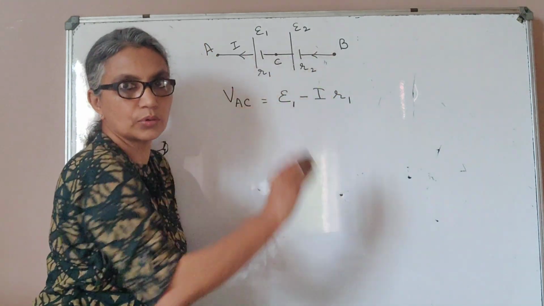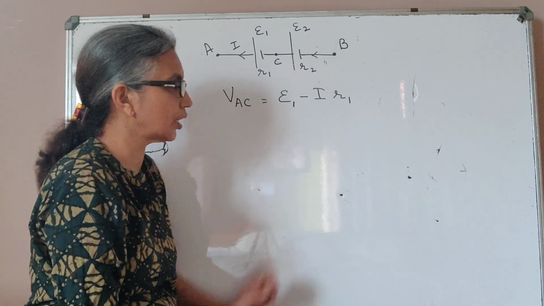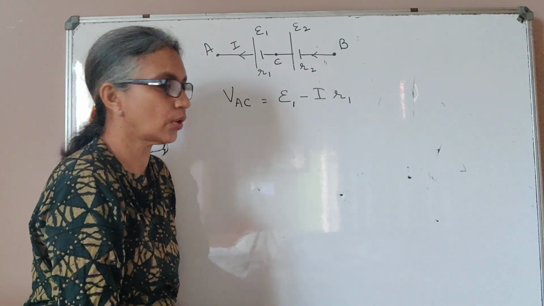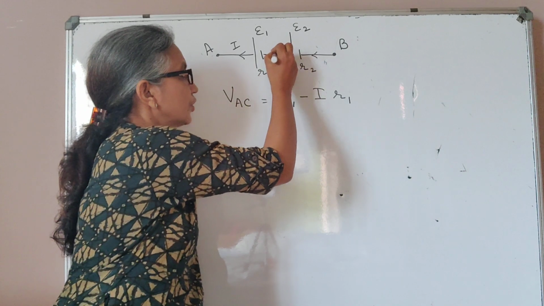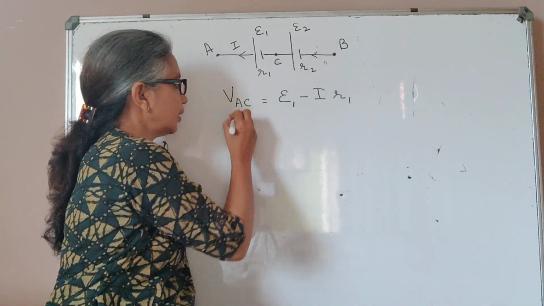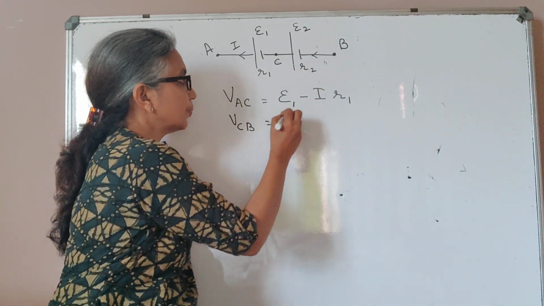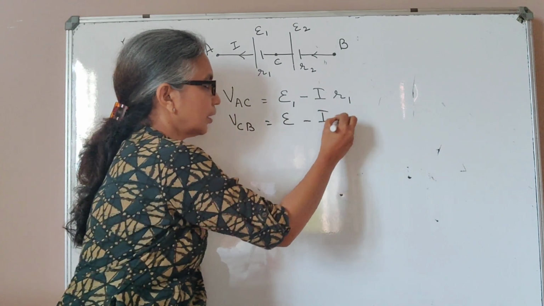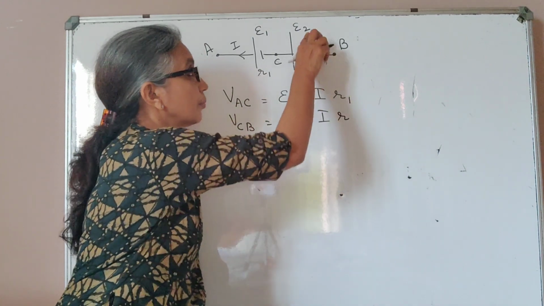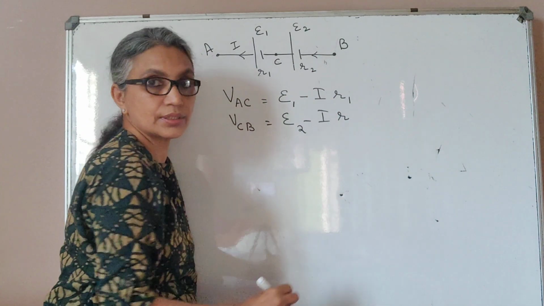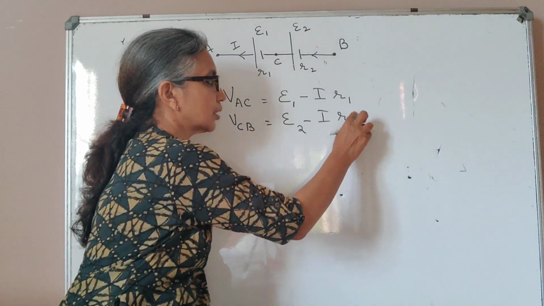Current is the same in both the cells because they are in series, so I don't have to denote it with I1. Then the terminal voltage between the points VCB should be equal to E2 minus I R2, where we are talking about the EMF of the second cell between the two points C and B and the internal resistance of the second cell R2.